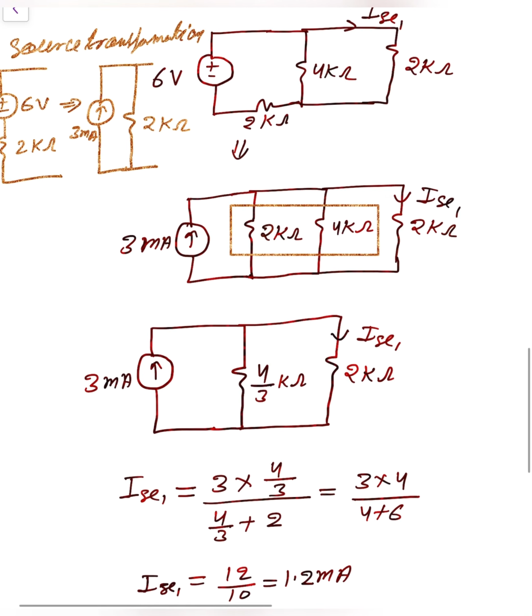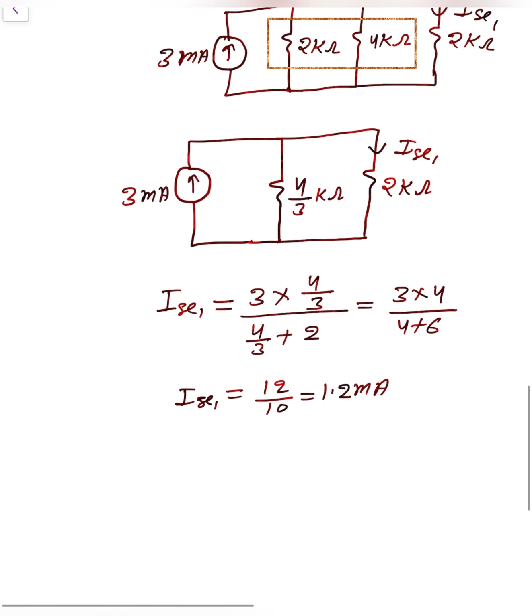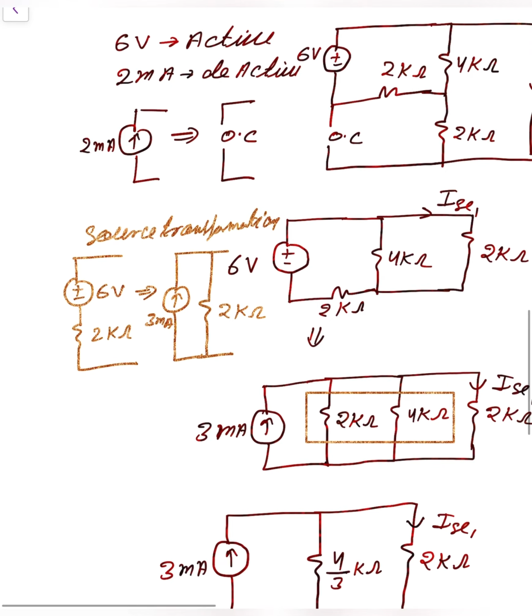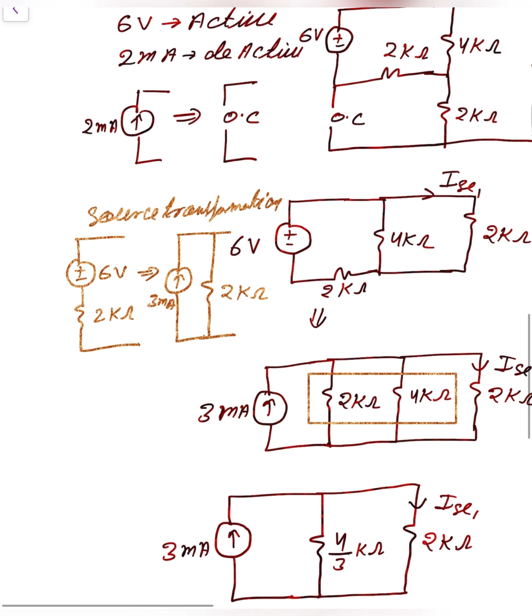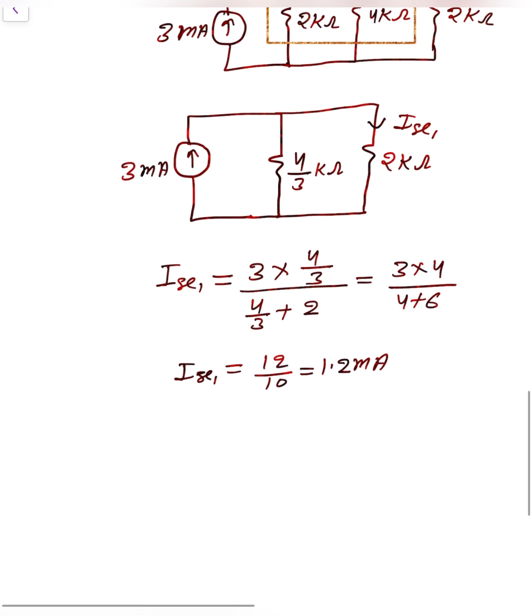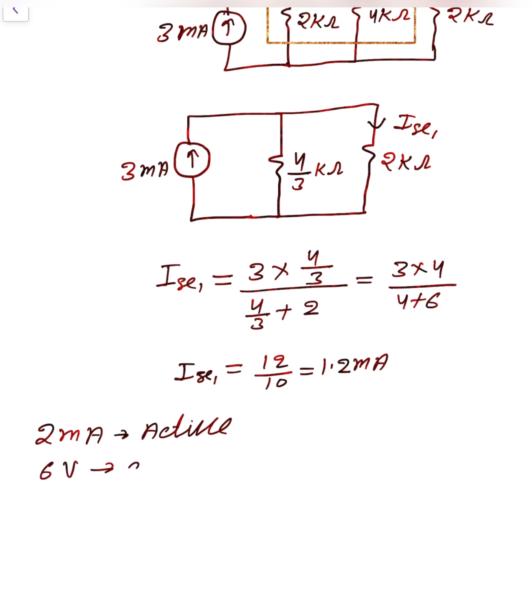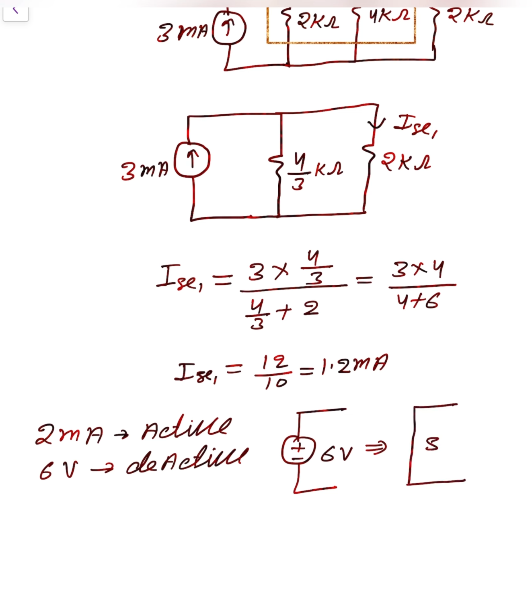Next, we focus on the case where the 2 milliampere is the active source and the 6 volt is deactivated. What is the meaning of that? The plus minus 6 volt source basically becomes a short circuit.